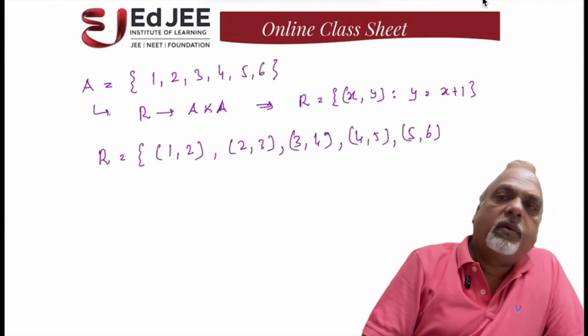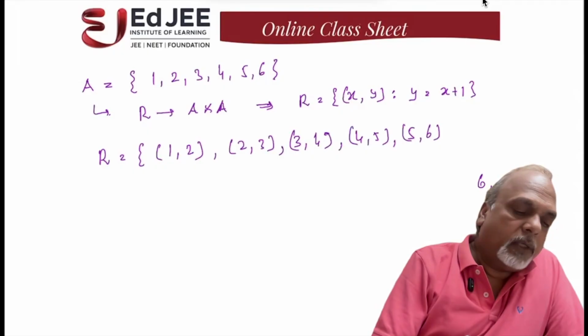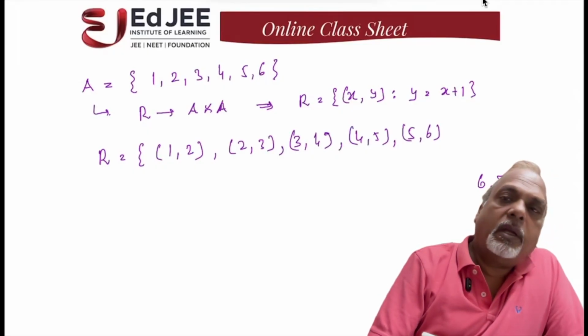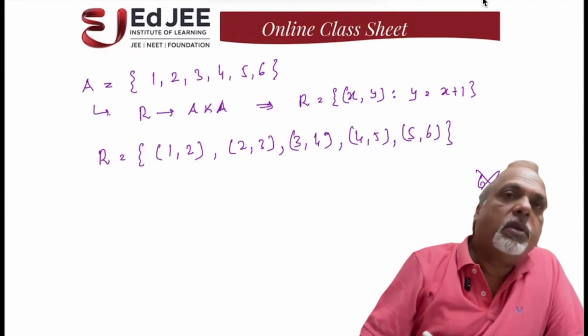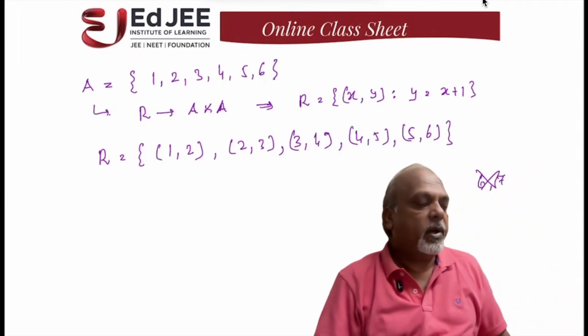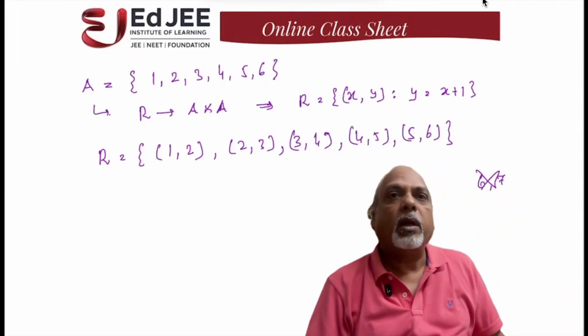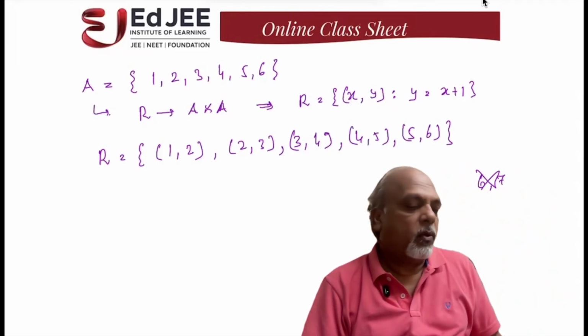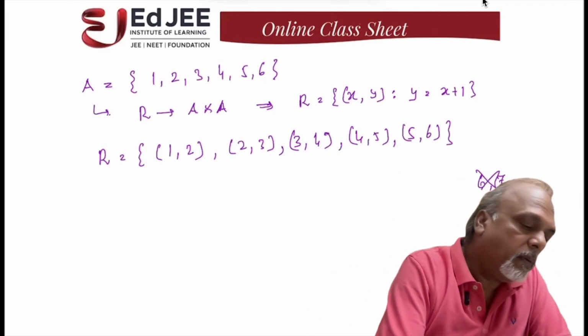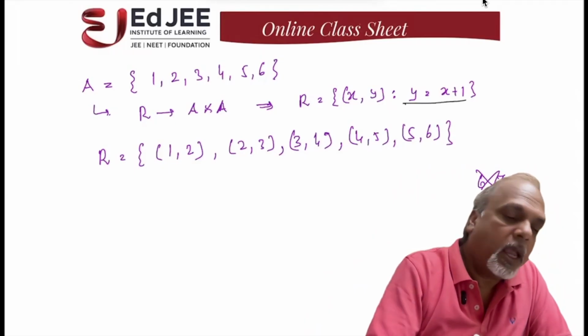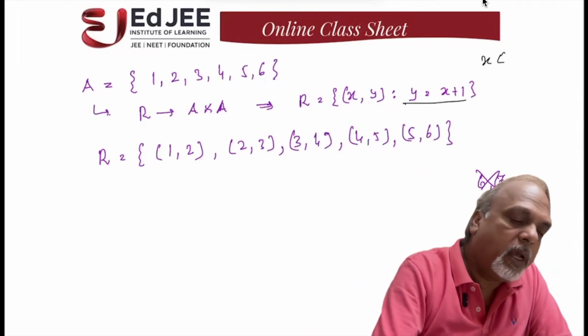We cannot take 6 as a first element because then it will be 7, but 7 does not belong to A. So by the definition of the relation, this is your relation R, where the first element and second element bear the relationship, and X belongs to A and Y also belongs to A.